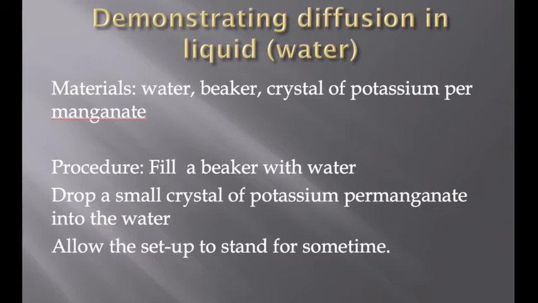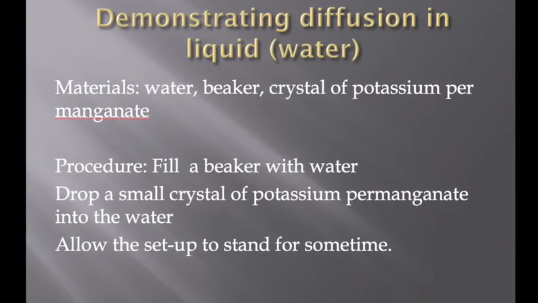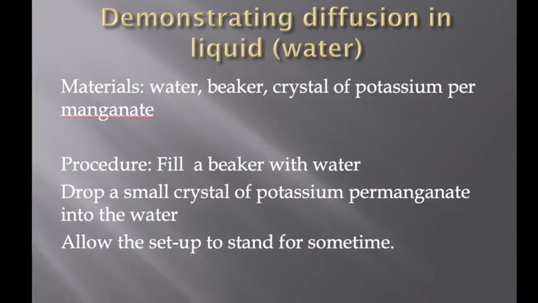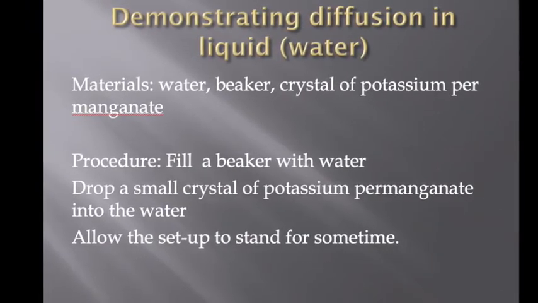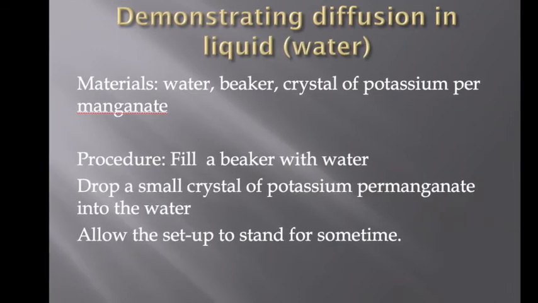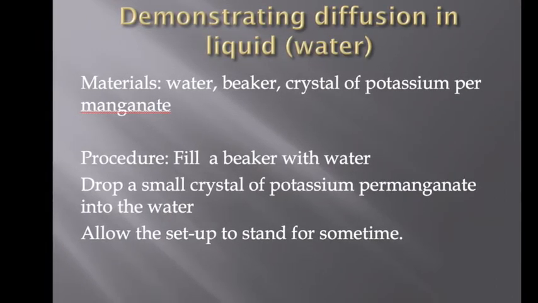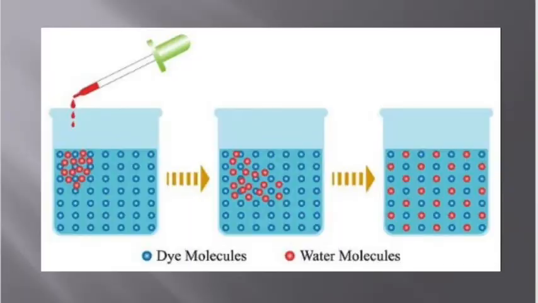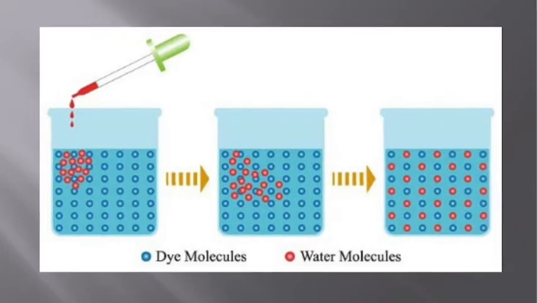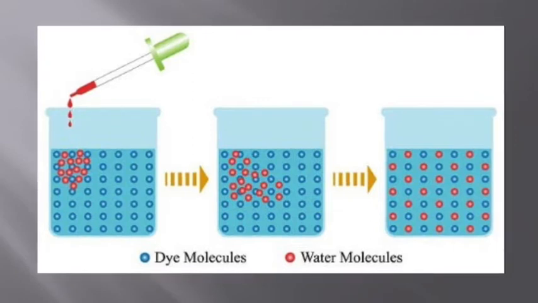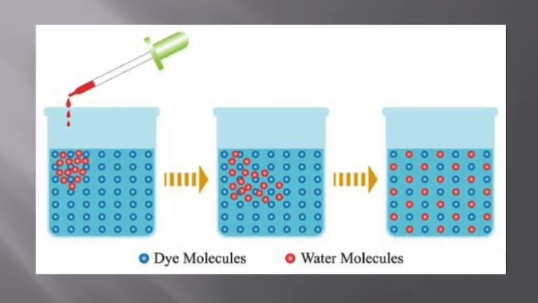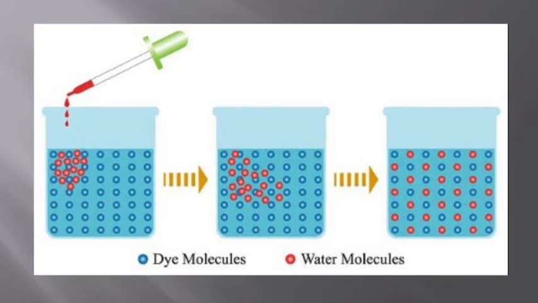The experiment that we just tried to look at, where we want to look at demonstrating diffusion in liquids, can be seen in this diagram. The very first diagram, you could see the potassium permanganate, or any other dye that is being used in this. The red particles in the first diagram indicate a higher molecular concentration.